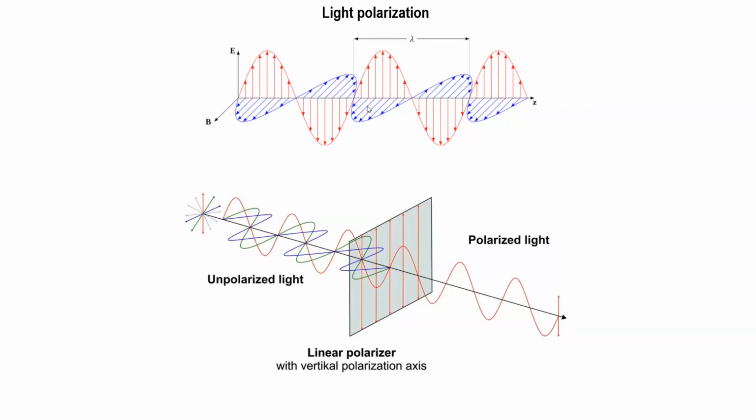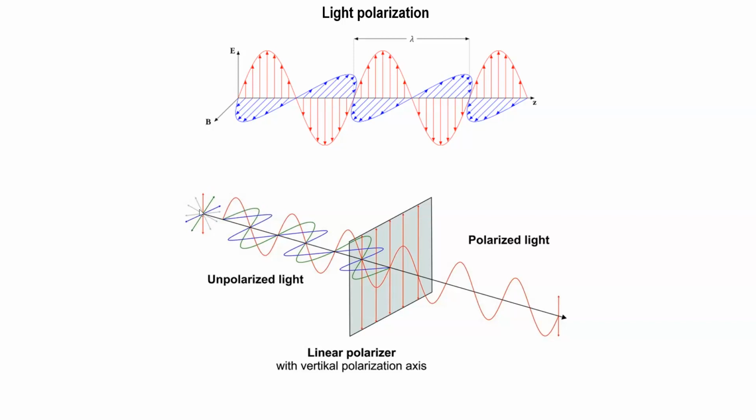And in a general case, like for unpolarized light sources, for example, the sun or a light bulb, such types of sources radiate unpolarized light. So the polarization of each photon is randomly selected, and in general you can find any polarization with any polarization components in the vertical and horizontal directions.